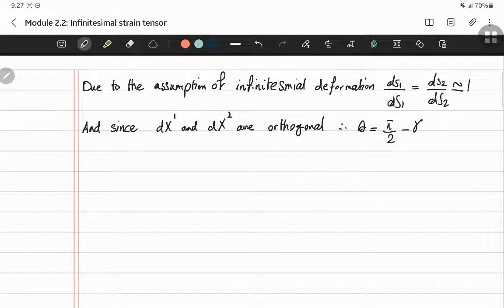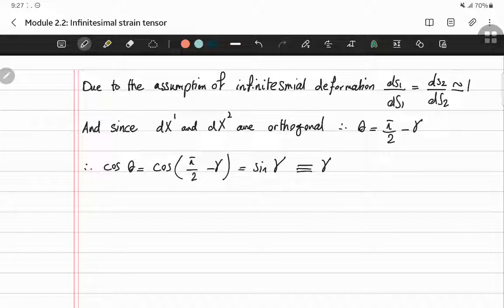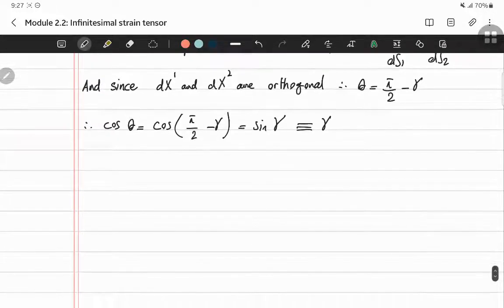We can make this assumption. Therefore, cosine theta is equal to cosine half pi minus gamma, which is equal to sine gamma, where it can be approximated by gamma because we have infinitesimal kind of deformation.